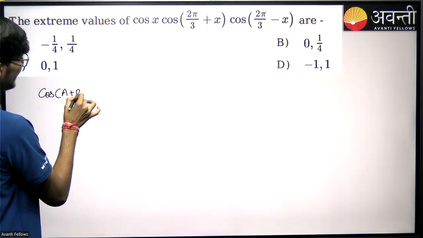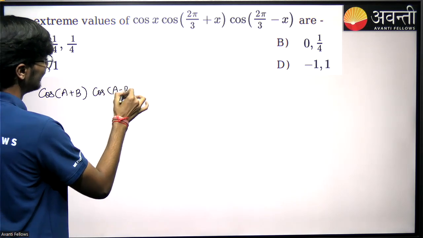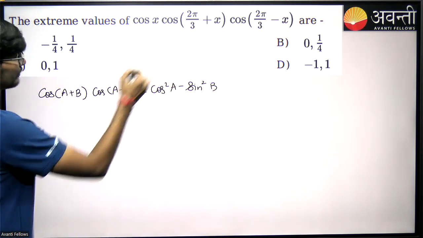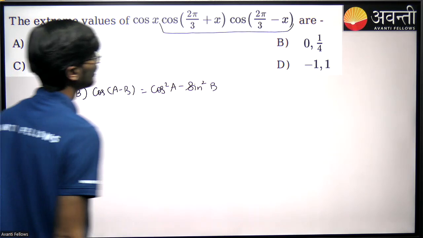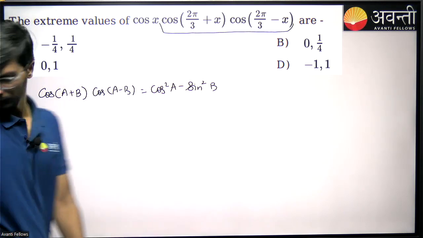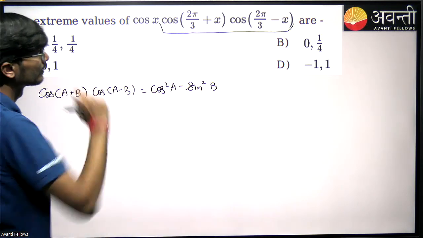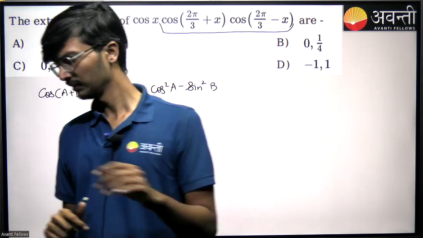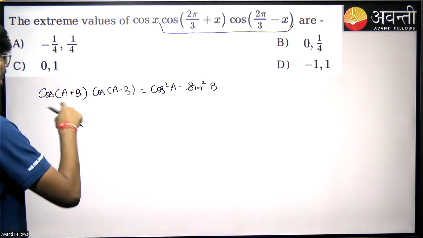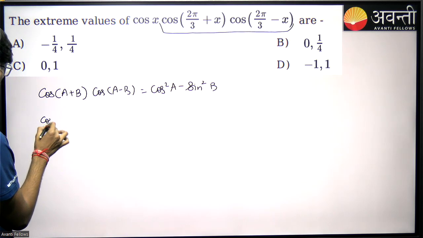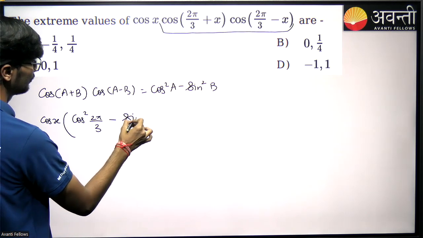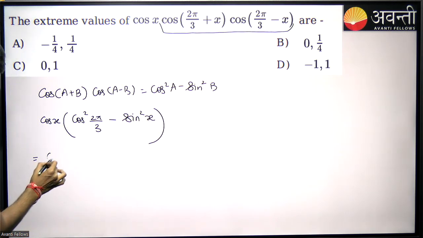In trigonometry, cos(A plus B) into cos(A minus B) is cos square A minus sin square B. So here I can write it as cos x into cos square 2 pi by 3 minus sin square x. So which is cos x.